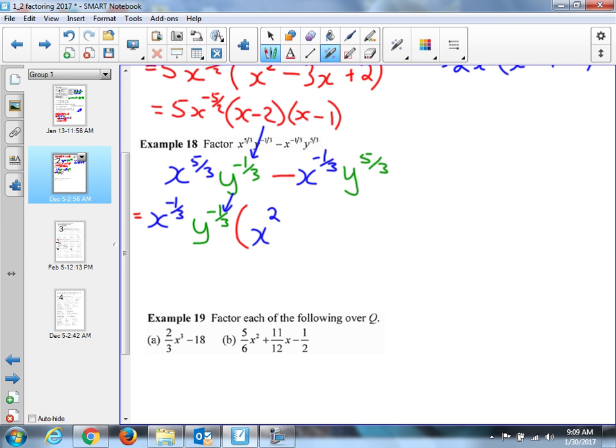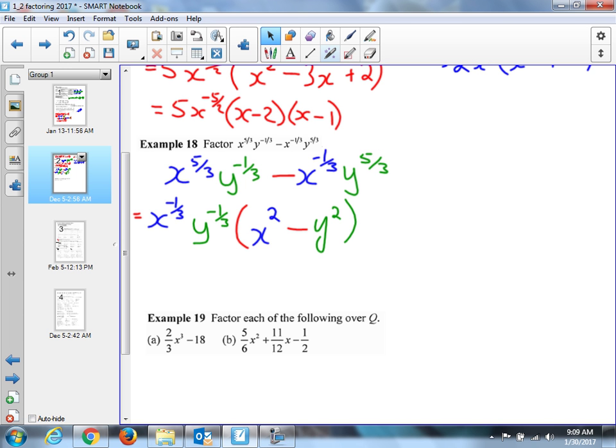We don't need to write anything down. That's an exact match, so the x disappears. It's 1, x to the 0. For the y, 5/3 minus negative 1/3, hey, this is a repeat of the arithmetic we did before. So adding 1/3, 6/3, 2.